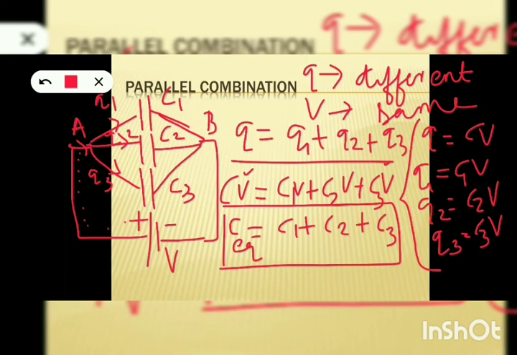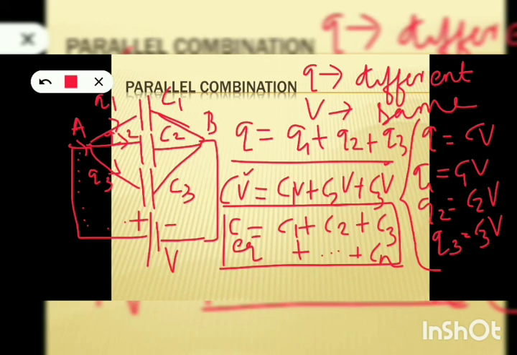Okay. If there are n capacitors, we can write the equation like this. C equivalent is equal to C1 plus C2 plus C3 plus etc. plus Cn. Okay. So this is about the series and parallel combination of capacitors.